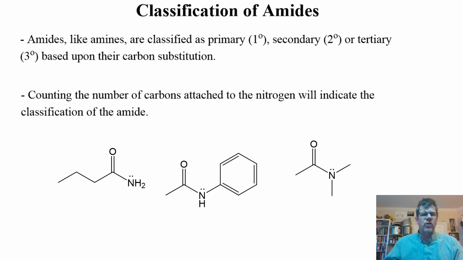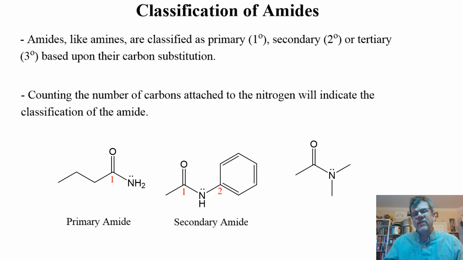If we look at the structure over on the left-hand side, how many carbons are directly attached to the nitrogen? Just one. So this would be an example of a primary amide. The one in the middle, there are 2 carbons directly connected to that nitrogen, so this would be a secondary amide. And lastly, on the third one, over on the right, we have 3 carbons directly attached to that nitrogen, so this would be a tertiary amide.